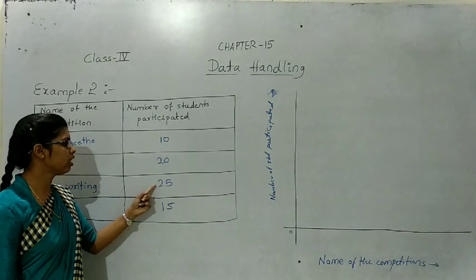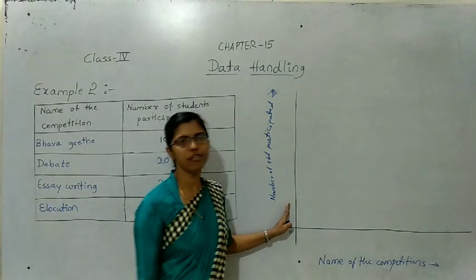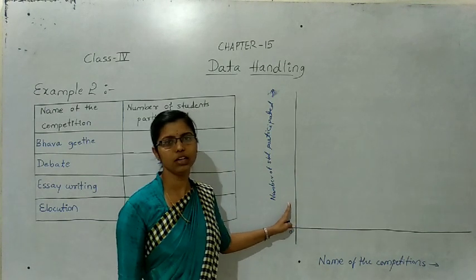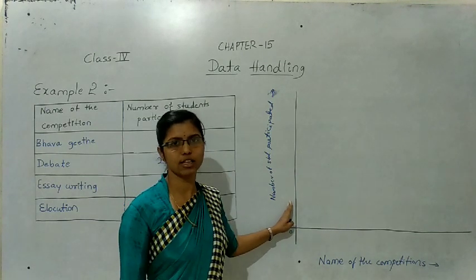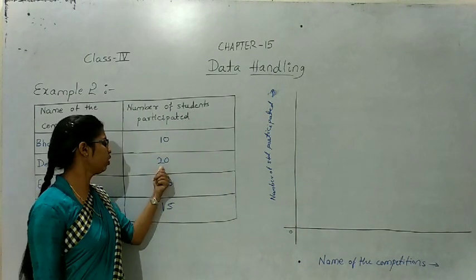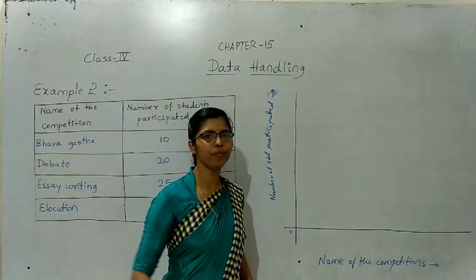Okay. In the previous graph we started from 3, 4, 5, like this, and so on. But here they have given 10, 20, 25, 15, so I start from here.